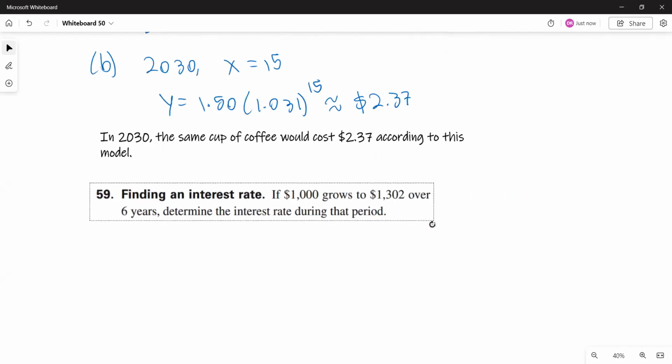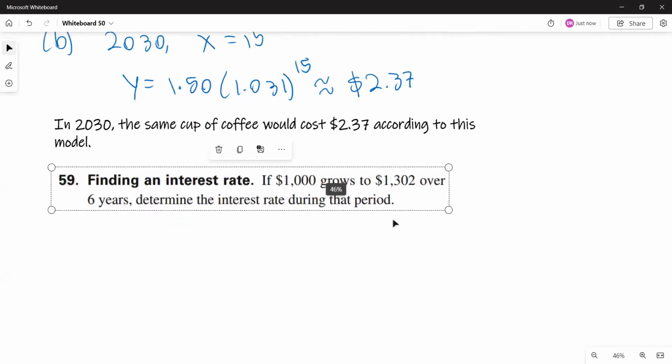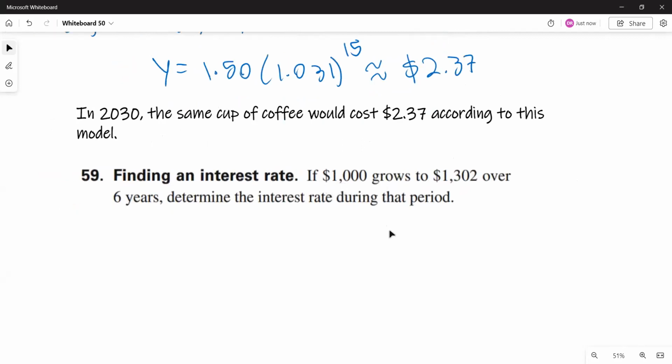If $1,000 grows to $1,302 over 6 years, determine the interest rate during this period.